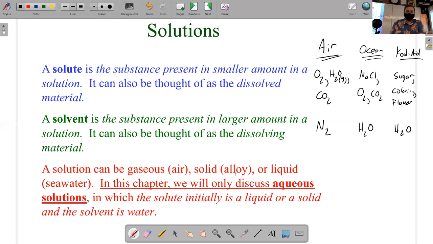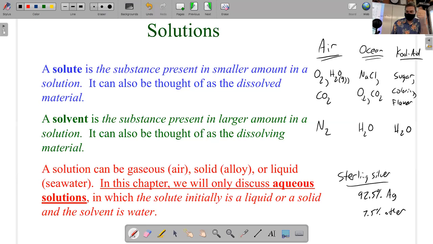Same with silver. So sterling silver is 92.5% silver, and then 7.5% other filler metals, commonly copper, but could be other things.